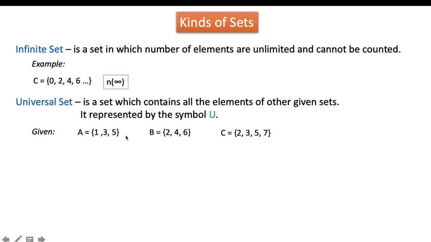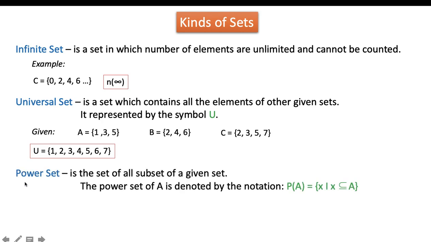If all the elements of these 3 sets are listed in one set, let's say set U containing 1, 2, 3, 4, 5, 6, 7, this set U is considered a universal set because all the elements of these 3 sets can be found in this set.